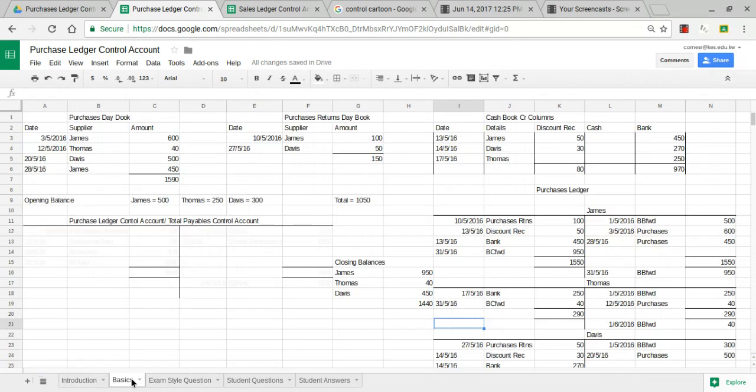Quick look at the basics. The basics are very similar to looking at a sales ledger control account, only this time we use all the information from the day books for purchases, and we'll be looking at the credit columns of the cash book. And again, during the course of the month as transactions occur, they get recorded in the supplier's accounts, and purchases go on the credit side.